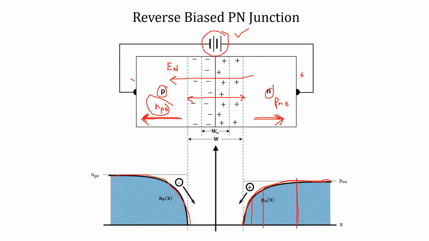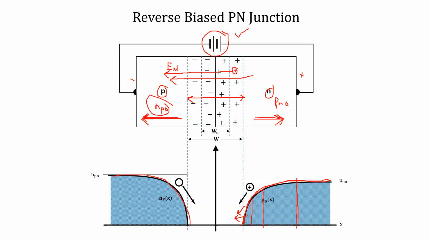If some holes, for example, which are minority charge carriers here, somehow reach this depletion region, although there are no holes here, but some of them may reach the depletion region, and when a hole reaches here having a positive charge, because of this electric field, these holes will be swept to the P side.